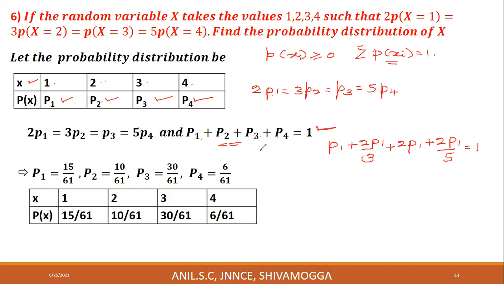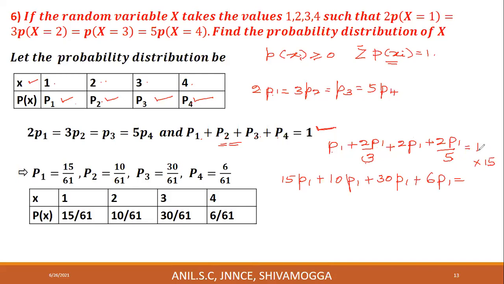Substitute in this equation. Now to eliminate the 3 and the 5 from the denominator, let's multiply the equation throughout by 5 into 3, 15. The resultant will be 15 p1, plus 15 into 1 by 3 is 5, 5 into 2p1 is 10p1, plus 15 into 2p1 is 30p1, plus 15 divided by 5 is 3, 3 into 2p1 is 6p1.